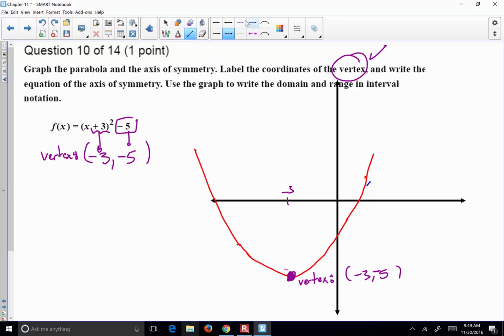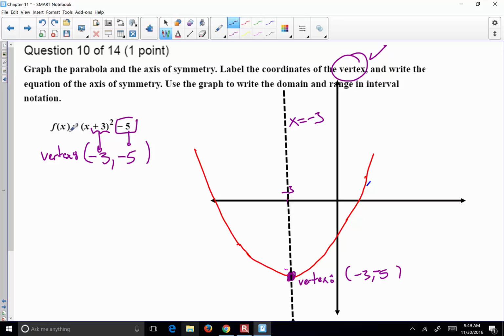We need the axis of symmetry. So they are asking for the line that goes right through the vertex up and down, splitting this parabola into 2 equal halves. Can you tell me the equation of this line? It's looking at you actually. This location is negative 3, so it is x equals negative 3.